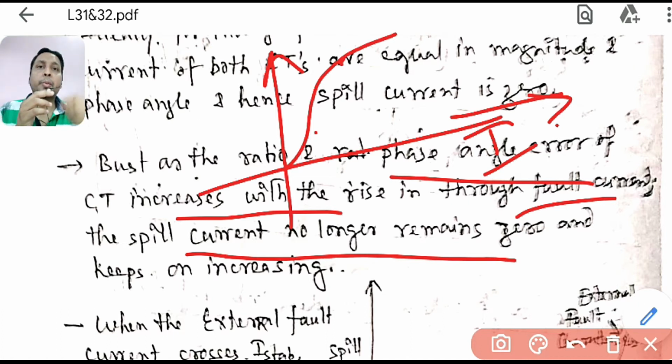Due to which your spill current also increases, and a time may come when the spill current will overtake the plug setting and the relay will start operating, or the trip circuit will be initiated and it will trip, which is a maloperation for us, because for differential protection we don't want to interfere with external faults. We are only concerned about internal faults. This scheme should operate only for internal faults.